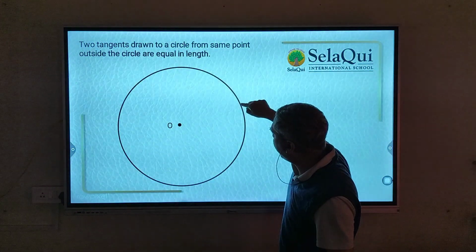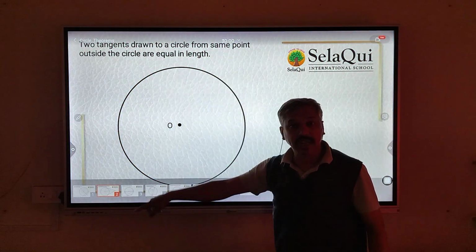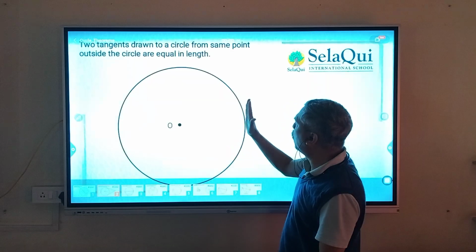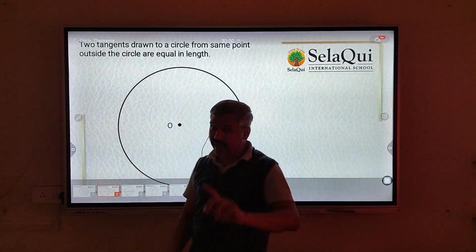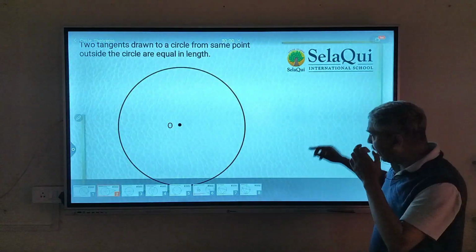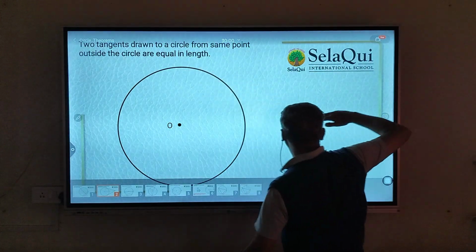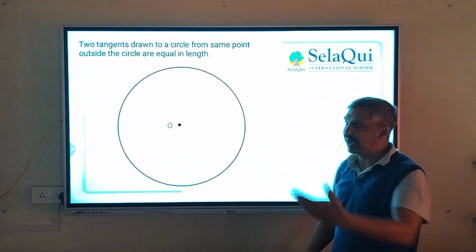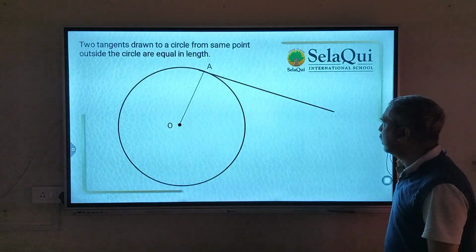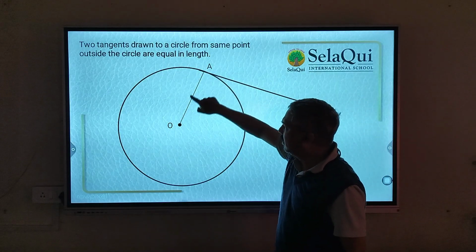If you take this point or this point or this point, which is on the circumference of the circle, there one tangent is possible. Exactly one tangent. But if you take a point outside the circle, then from here one tangent like this and one tangent like this, two tangents are possible. And that is what the theorem is talking about. So this is the point P from where one tangent is drawn, this is the radius.